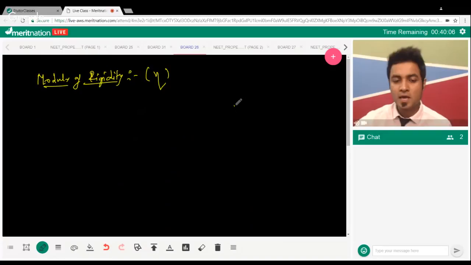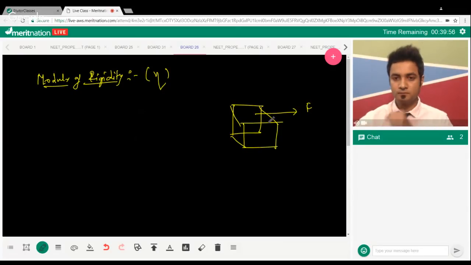Okay, so what is happening here? Suppose I do have a cube, and where I'm just applying some tangential force to it. So what is happening? It will just get displaced by a small angle as theta here. So this theta is nothing but the tangential strain.